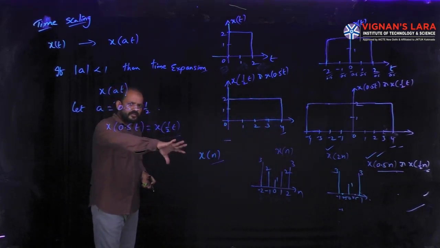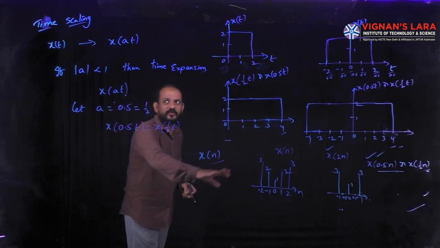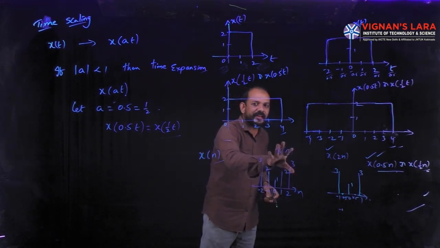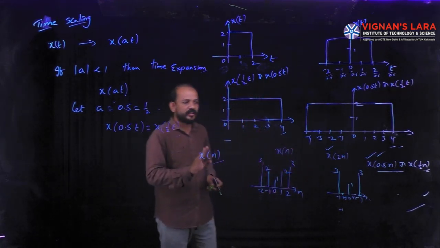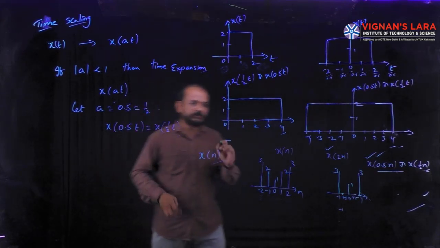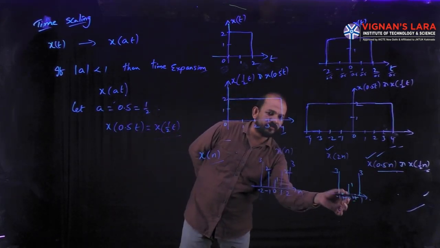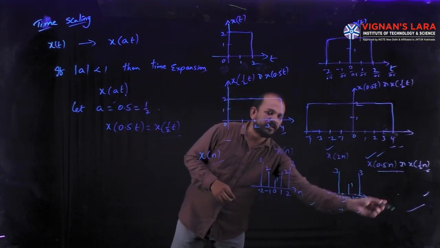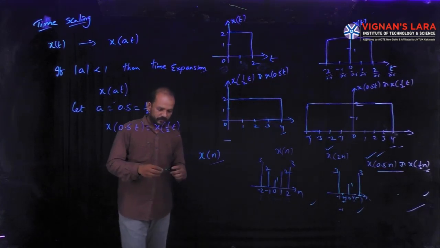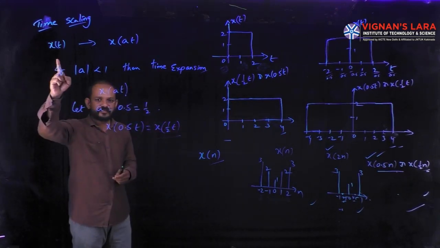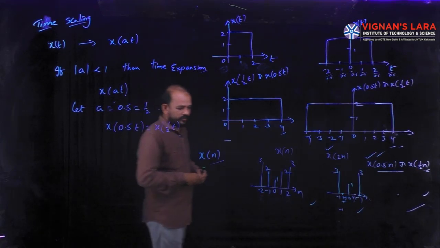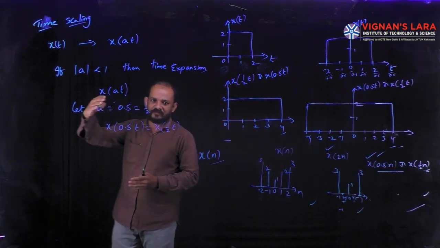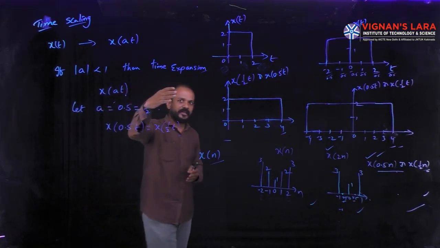This is just the explanation of time scaling with respect to the discrete time signal x of n. Why I explained this is because here there is a point where we don't get the values. For that reason I explained this. You can do this at home for your practice. Okay, I explained time scaling. In time scaling you have time expansion and time compression. First I explained time compression and then time expansion.